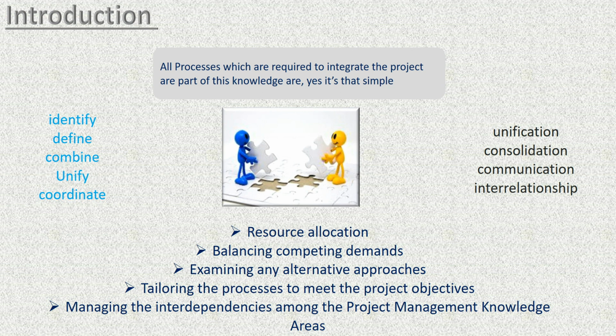Okay. Then the last point, managing the interdependencies among the project management knowledge areas. Yes. So we have 10 project management knowledge areas, including this one, right? One of the major responsibilities of the project manager is to balance between all these different project management knowledge areas.